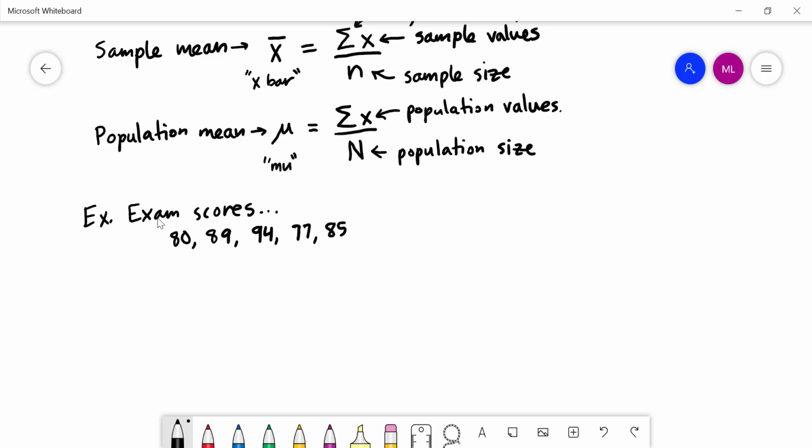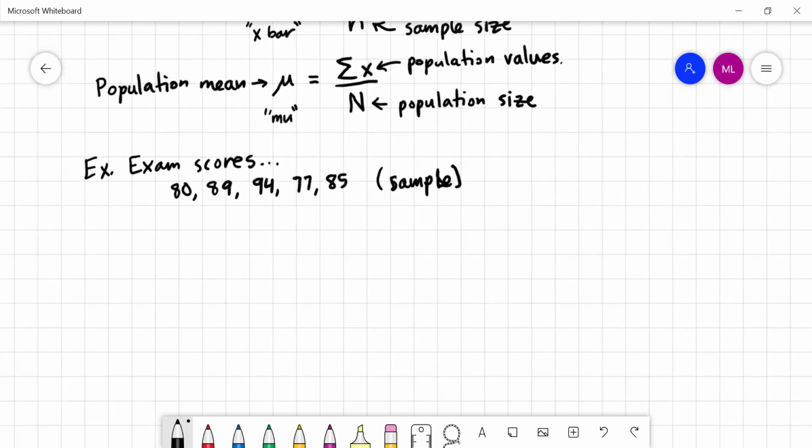In this case, there's only 5 exam scores. That would be a very small class if it were the entire population. So I'm going to assume that this is a sample from a larger class, which would make some sense.